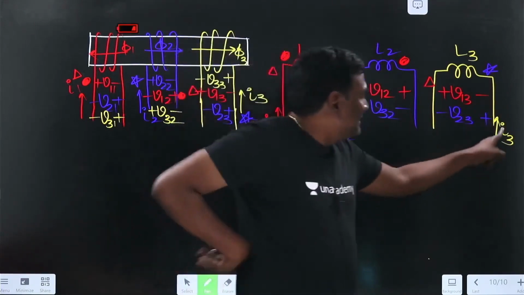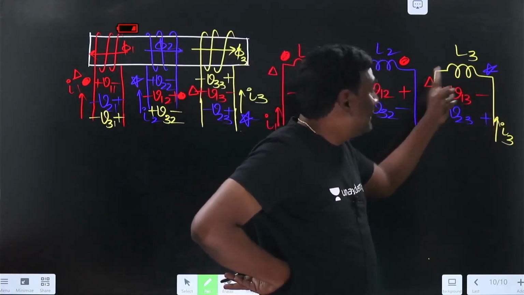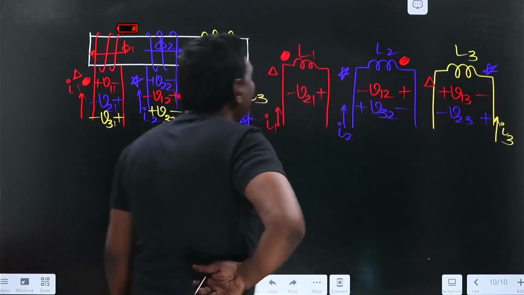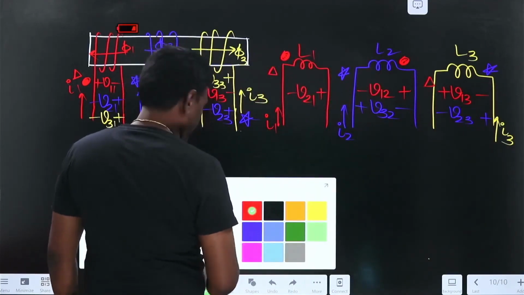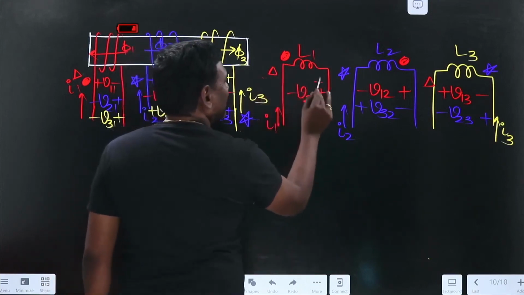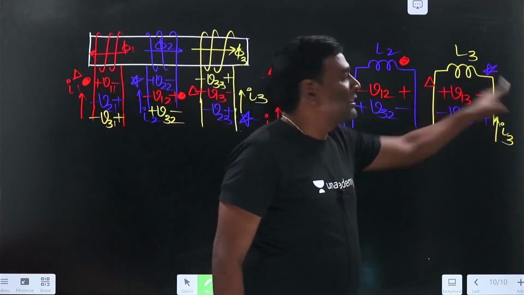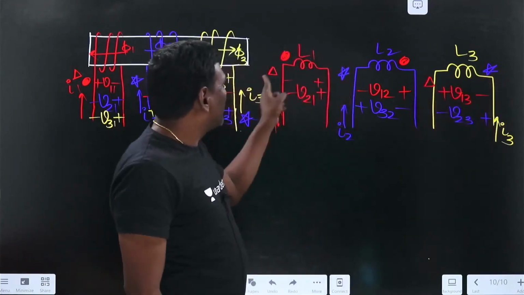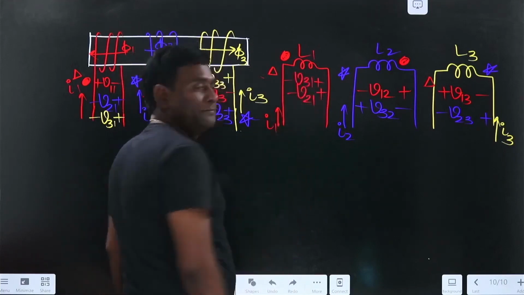Now I3 is entering into undot of triangle, so undot of triangle should be positive. So this is going to be V because of 3 in 1.